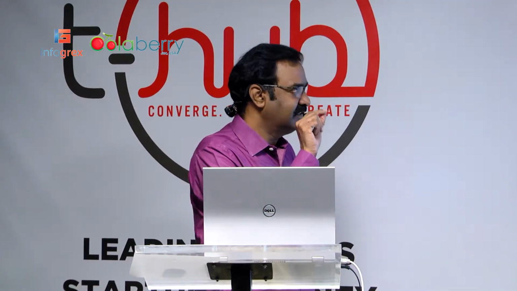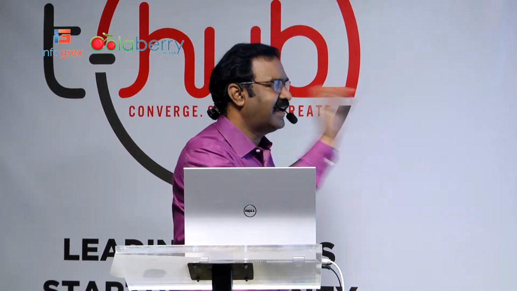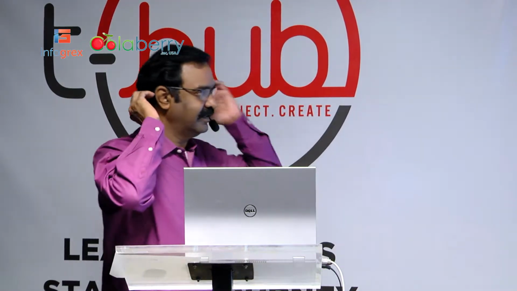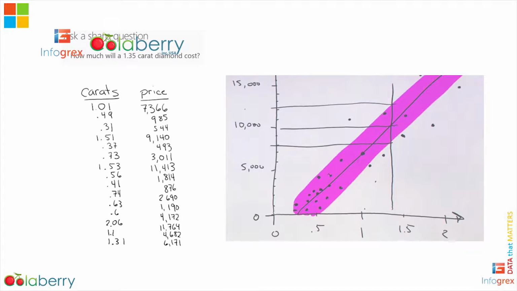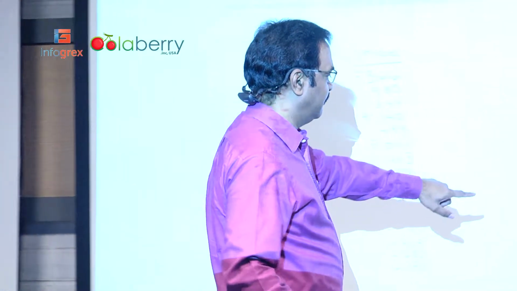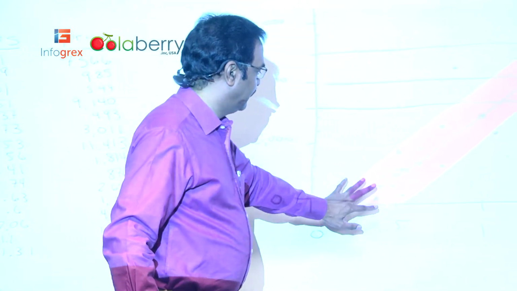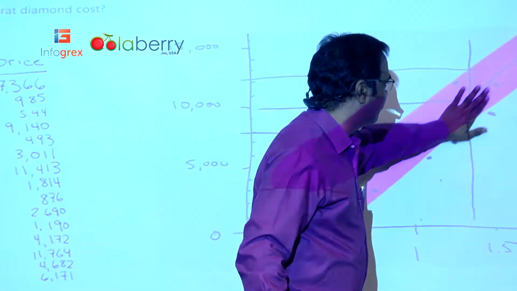You are not saying that a 1.35 carat diamond is exactly 10,000. You say it is approximately 10,000. So you draw a kind of envelope covering the maximum points.